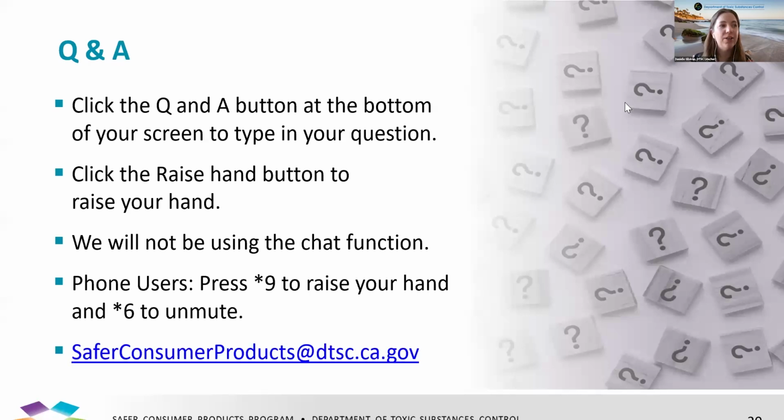Okay. Our next question comes from Matthew. If acids or bases are neutralized in the product, does that affect the listing?